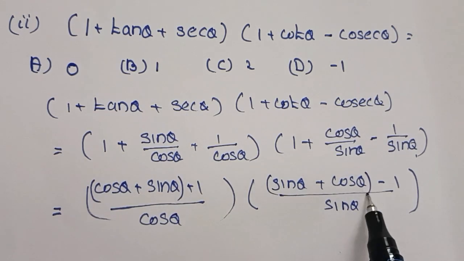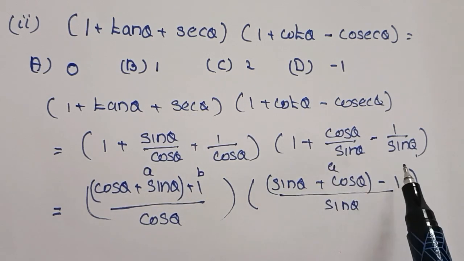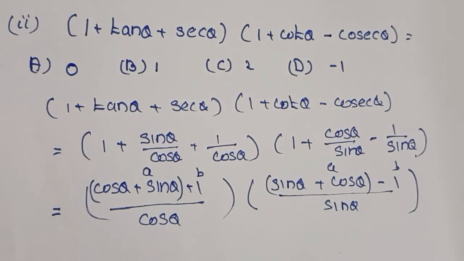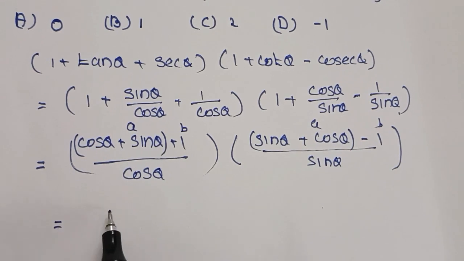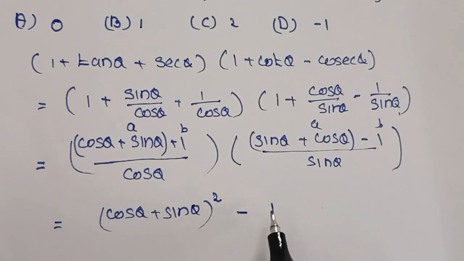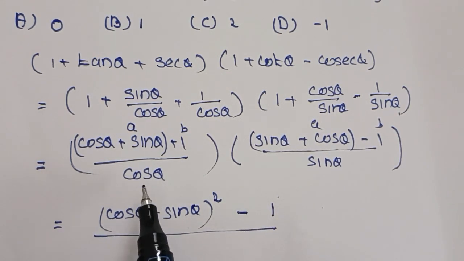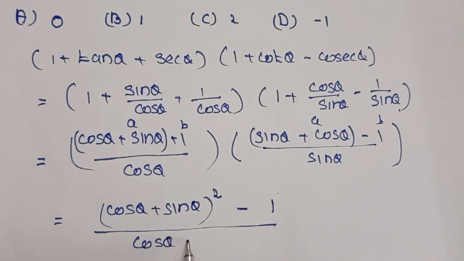We can take it as A. So it is A plus B into A minus B form. A plus B into A minus B is A square minus B square. A square means cos theta plus sin theta the whole square, minus B square, which is 1 square, that is 1. Divide by the denominator, when you multiply cos theta into sin theta, that is cos theta sin theta.